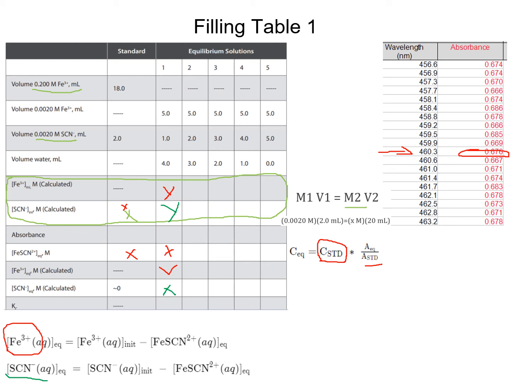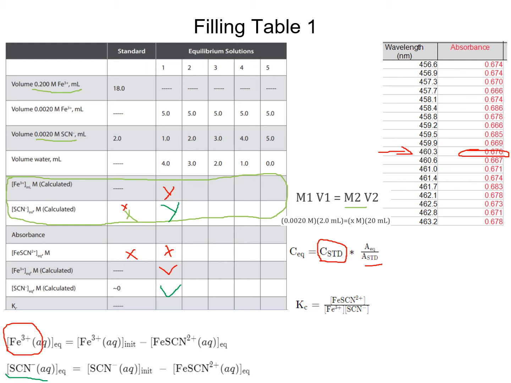This will also apply because the product is the same, so you still subtract the X so that you can arrive at your concentration for the thiocyanate.